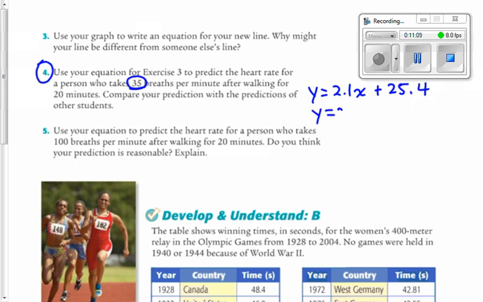So all I'm going to do is take 2.1 times 35 plus 25.4. I'm going to let you do this and we'll check your answer in class. Also, make a prediction about a person who takes 100 breaths per minute. So put 100 there also and see what you get, and decide whether or not that's reasonable. And we'll talk about that in class. All right, that's it. See you tomorrow.